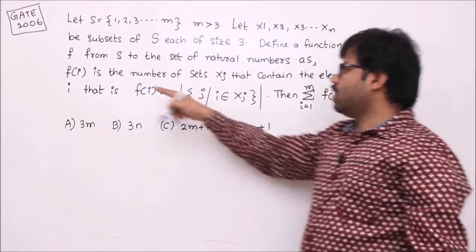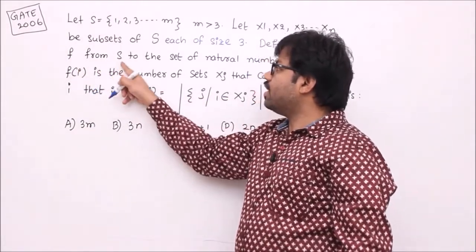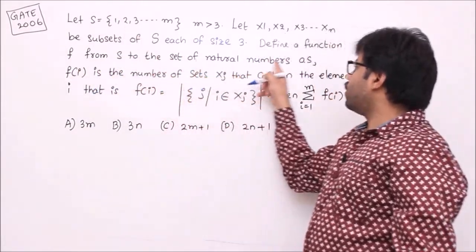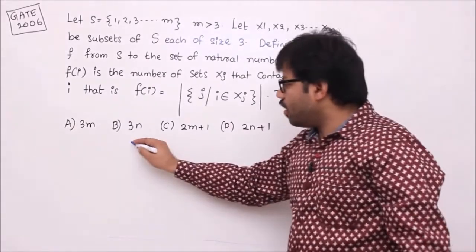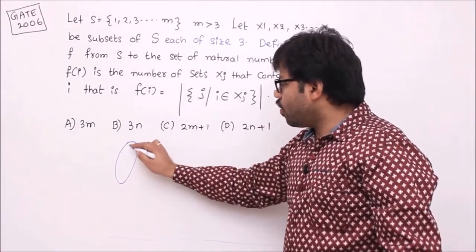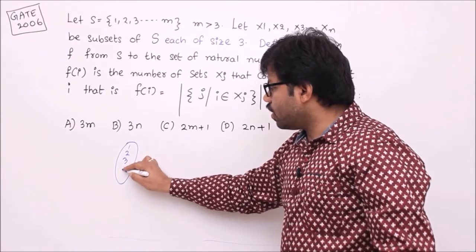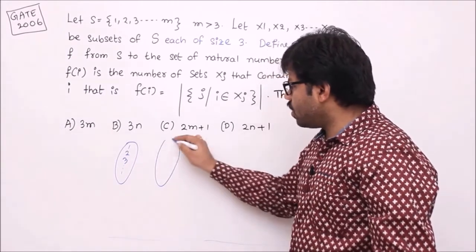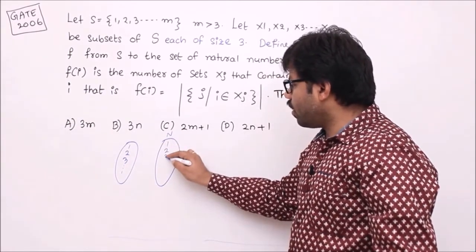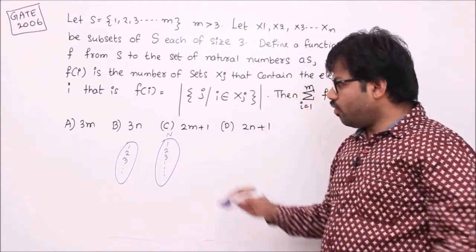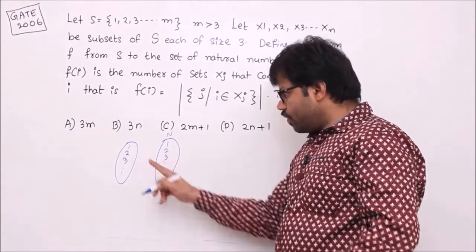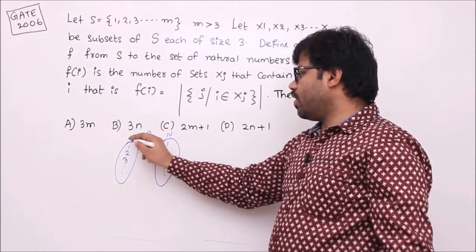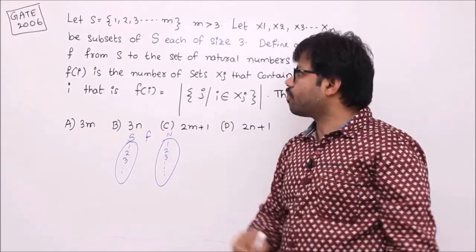Now define a function f from teachers S to the set of natural numbers. That means they are forming a function from your teachers 1, 2, 3, so on to some natural numbers, like 1, 2, 3, so on infinite. What the function does is not given yet, but it is from S to N.